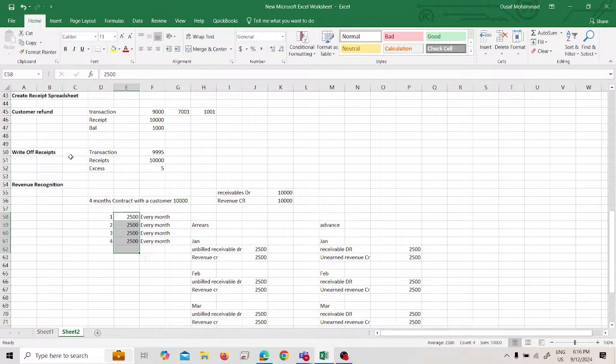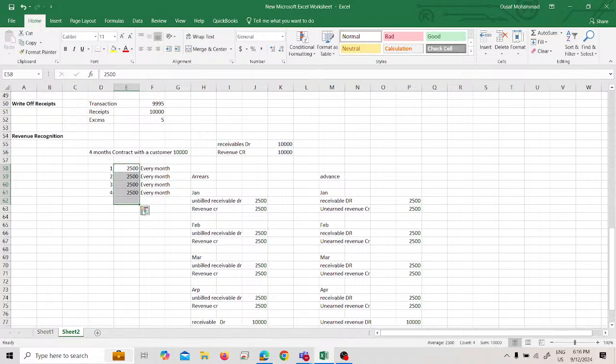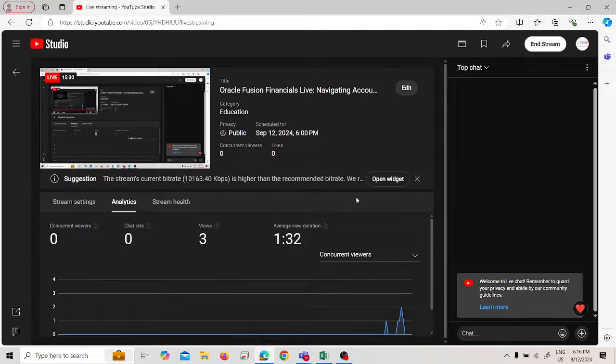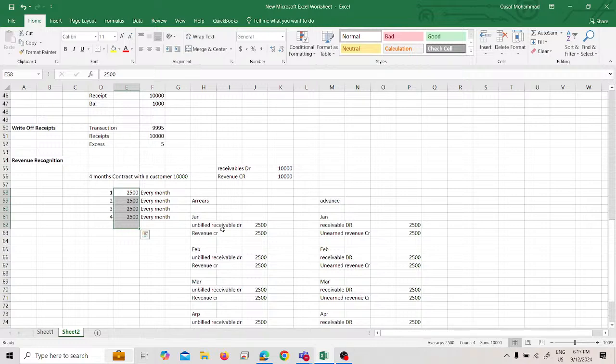So we are going to discuss this much in today's session, and we will do all this configuration, all these setups and processes in the next session.